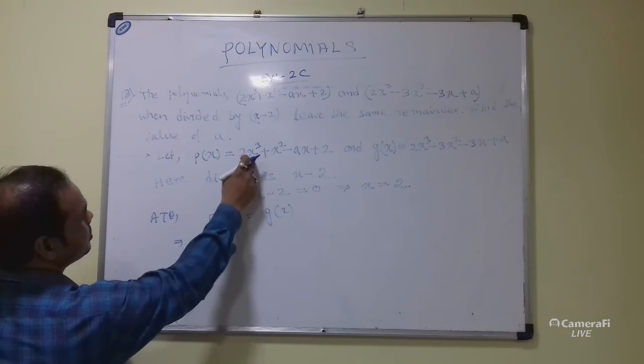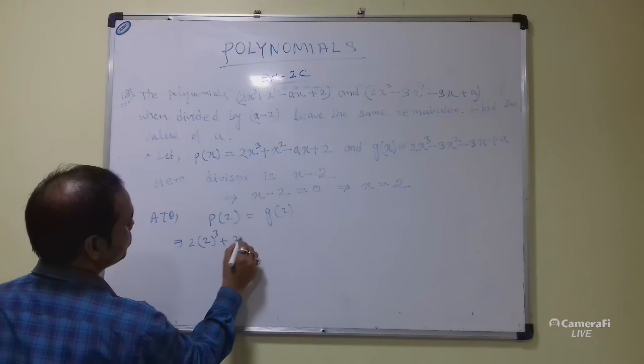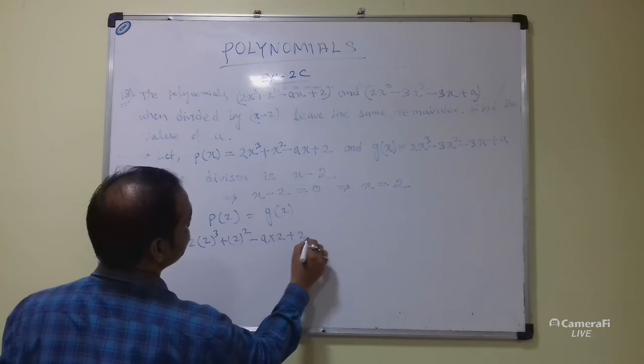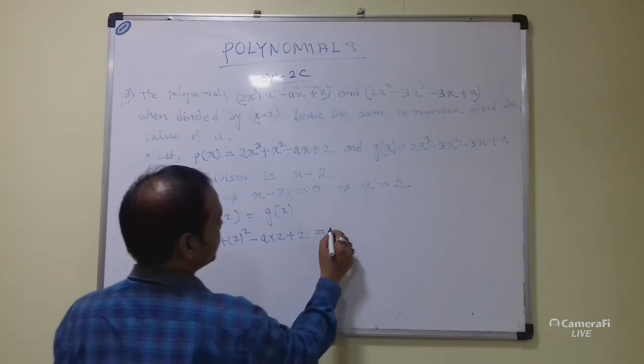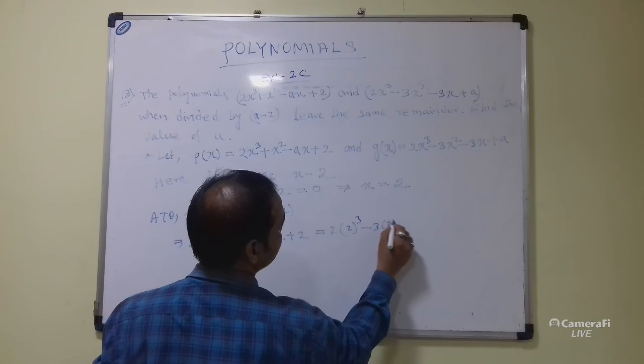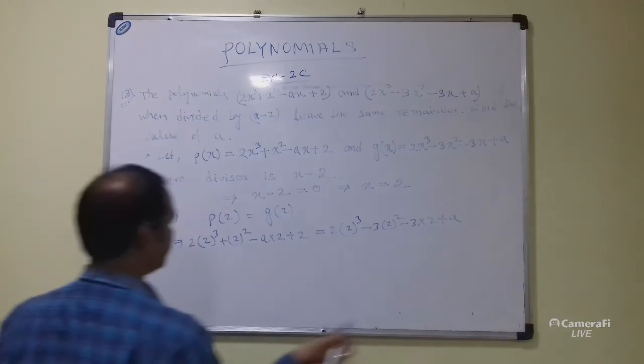So this implies it will be 2 into 2 cube plus 2 square minus a into 2 plus 2, and in g of x it is 2 into 2 cube minus 3 into 2 square minus 3 into 2 plus a.